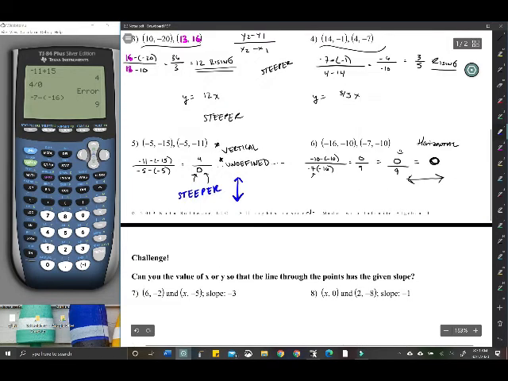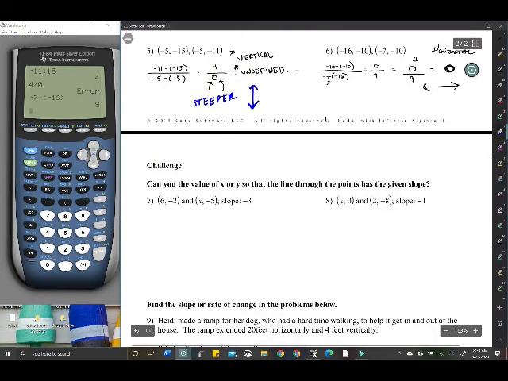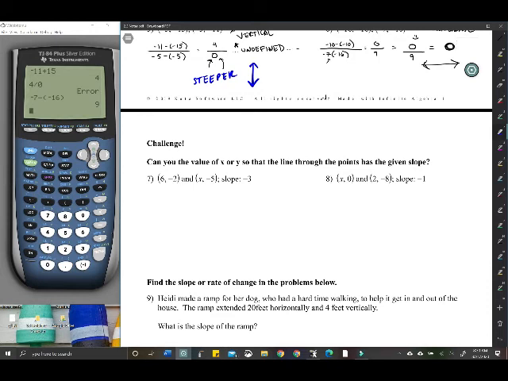Alrighty, let's look at some challenge problems. Can you find the value of x or y so that we have the given slope? Now I'm giving you the slope and you're solving for x. Let's check out these problems. Again, just remember m is equal to y2 minus y1 all over x2 minus x1.